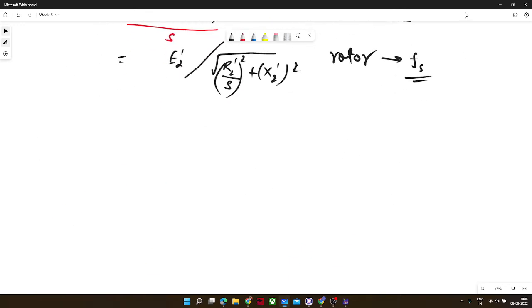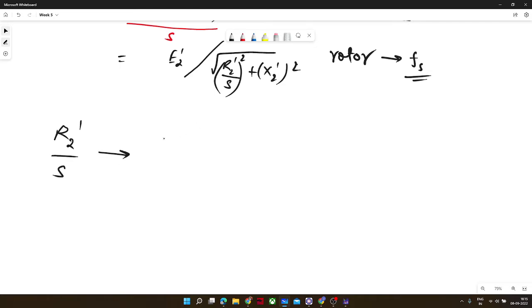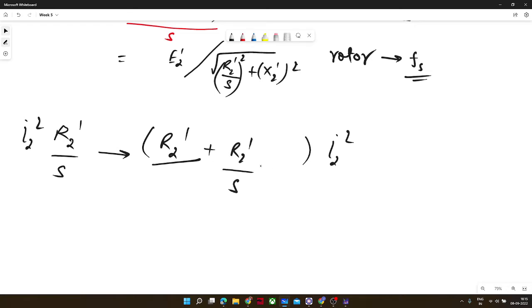So, we can always write R2 dash by S. We can always break it; R2 dash would be the copper loss component. If you multiply all by I2 square, here also I2 square, R2 dash, the rest would be R2 dash by S minus R2 dash.